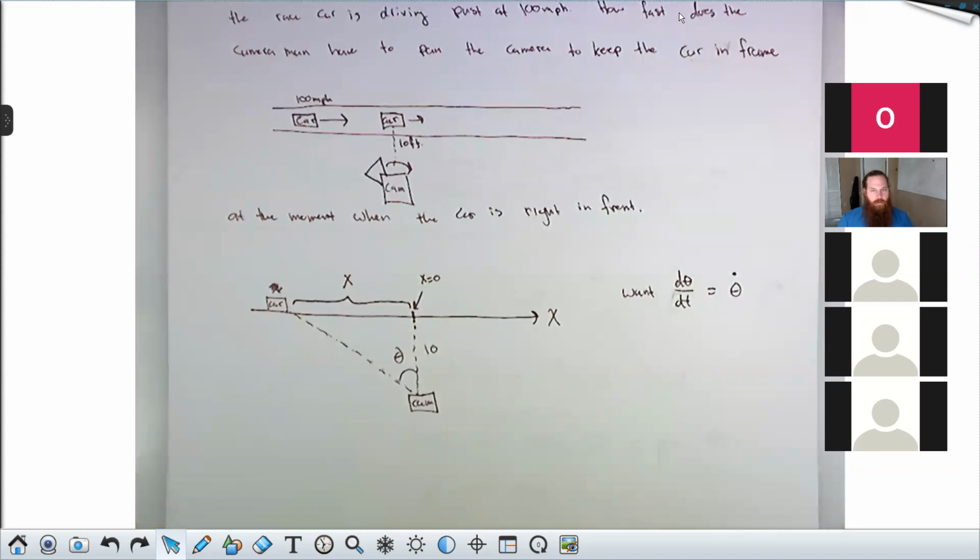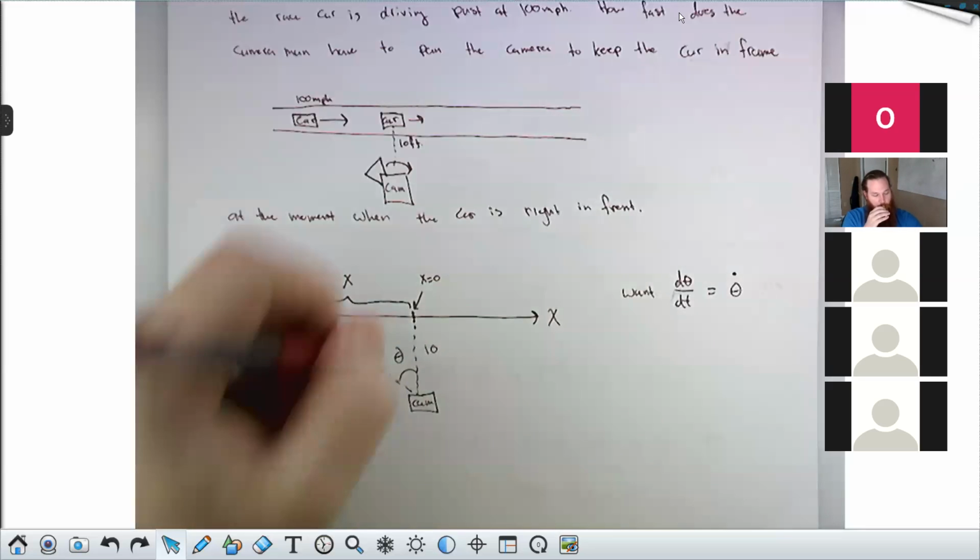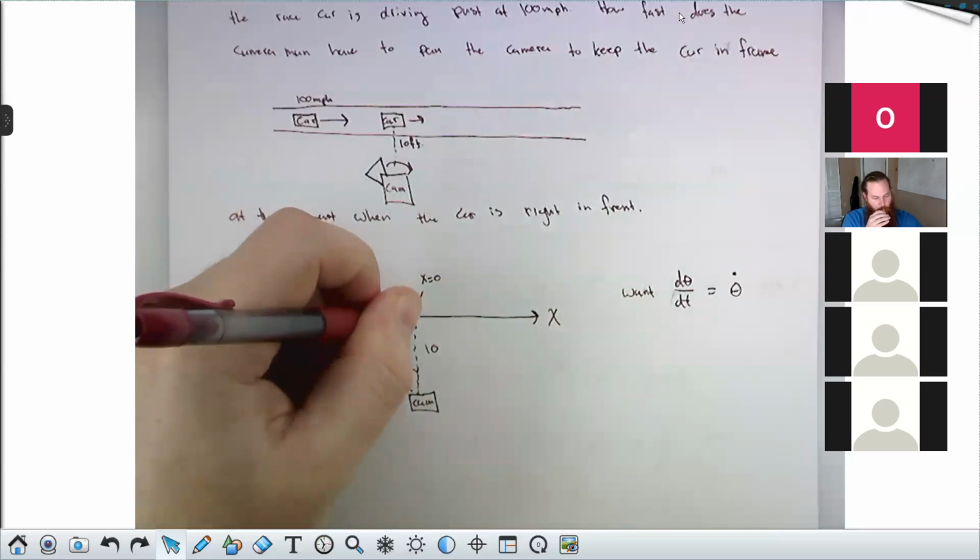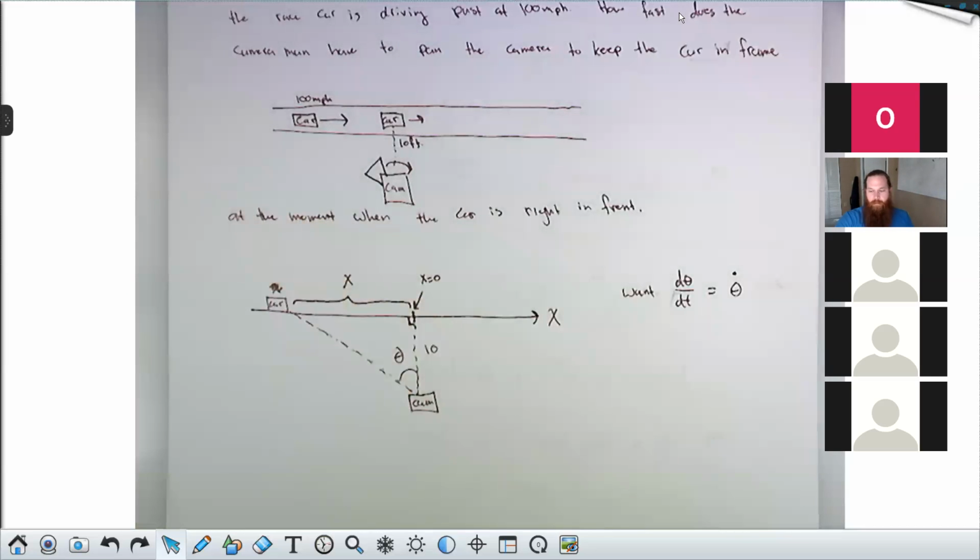What do you guys see when you look at this picture that you could use to relate x and theta? It's a right triangle. Good. Now, more specifically, what is the relationship between x and theta? We use cosine. I wouldn't use cosine because the hypotenuse of my triangle is changing all the time.